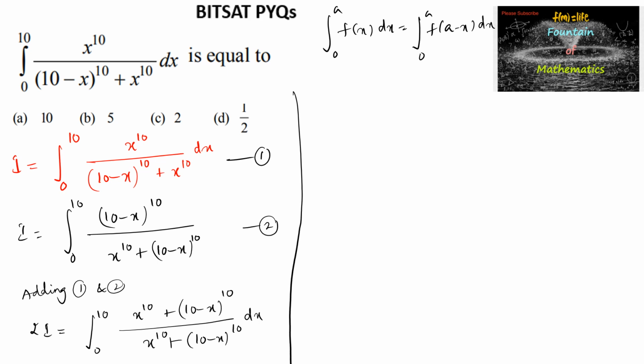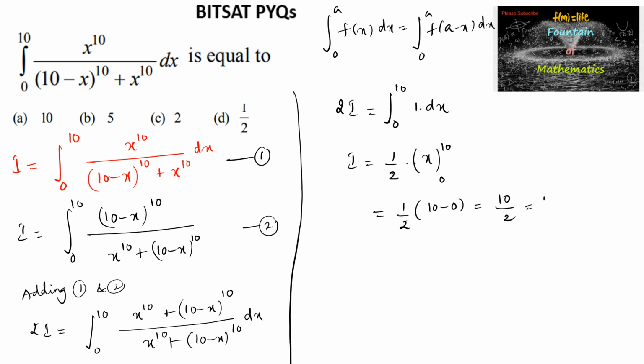So we have 2I is equal to integral 0 to 10 of 1 dx, that is I is equal to 1 upon 2, and here we can write the integration of 1 dx is x over the limits 0 to 10. So 1 by 2 times upper limit minus lower limit, that is 10 upon 2, which is equal to 5. So the value of integral I is 5 units, so we can go with option B.